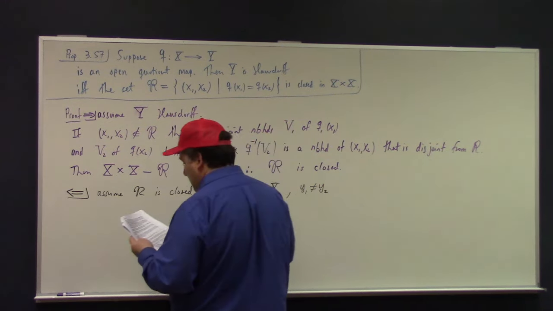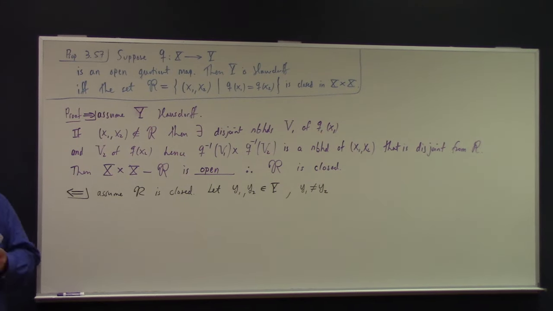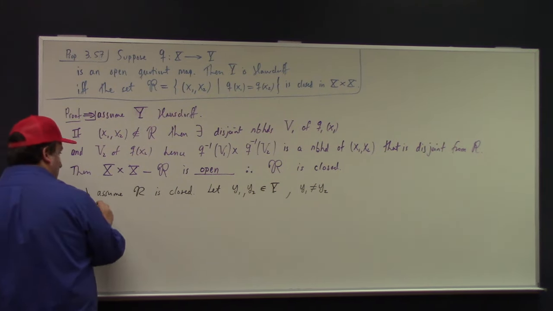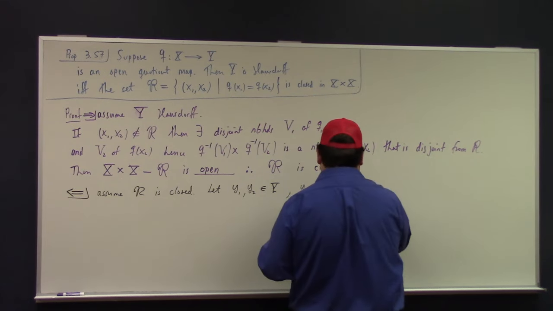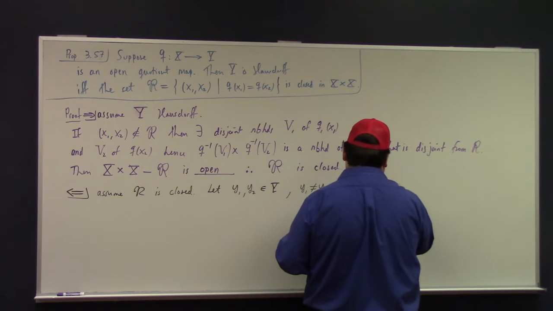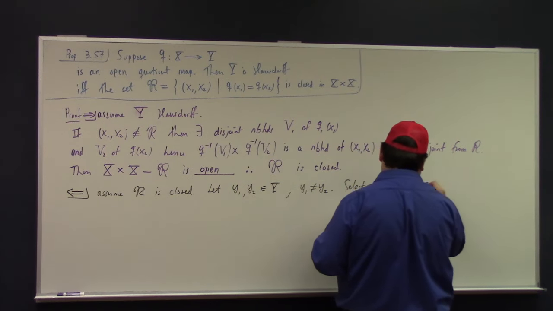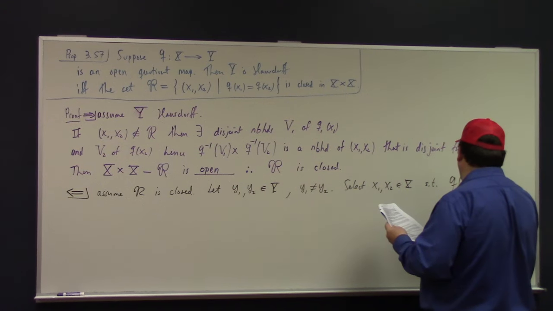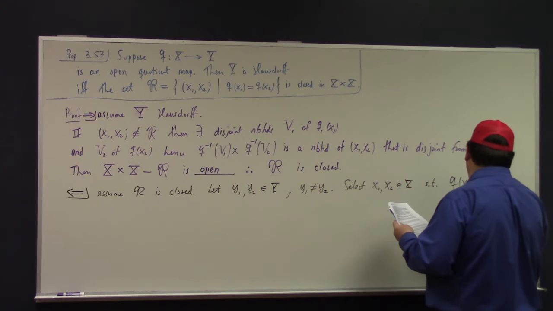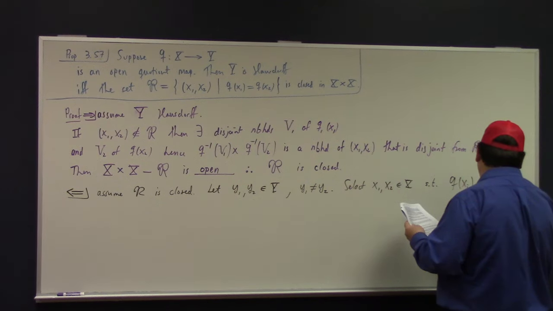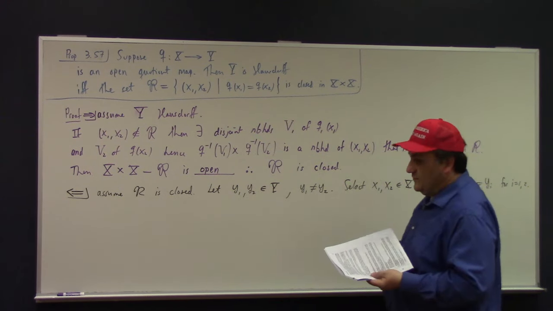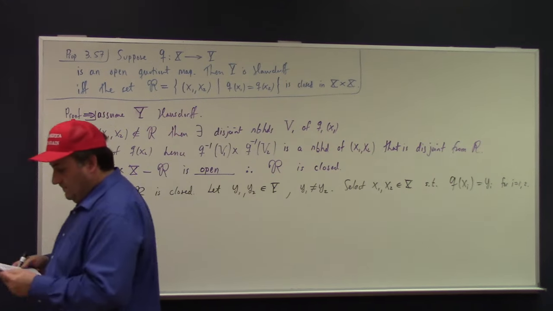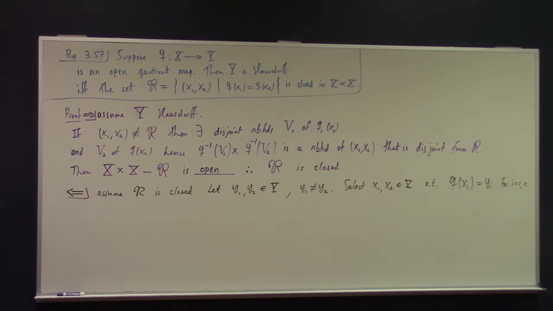So pick distinct points in Y, and we can select x1, x2 in X such that Q(xi) = yi. Why can I do that? Isn't that assuming Q is surjective? It is required of the quotient map, so that's reasonable.